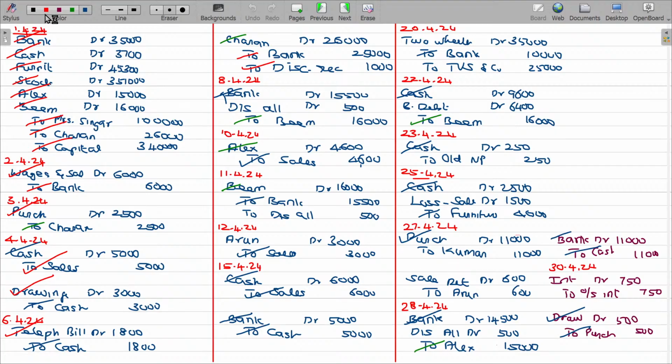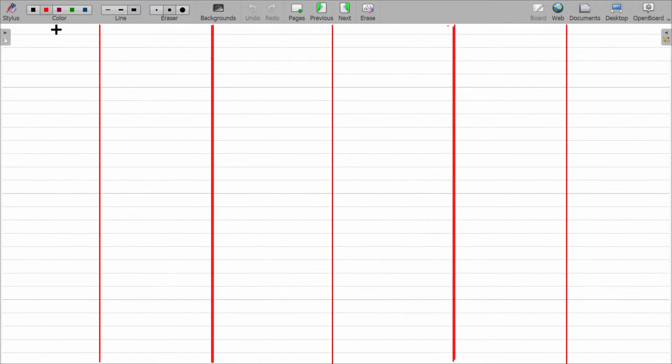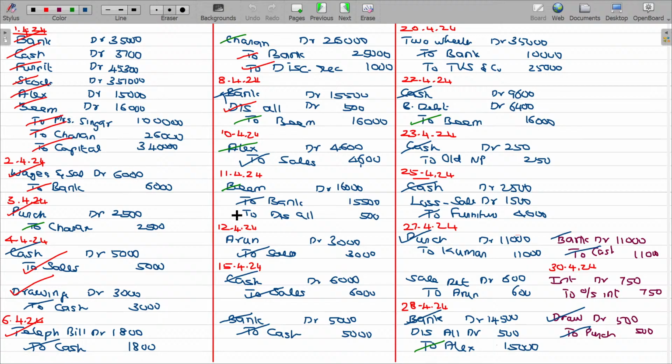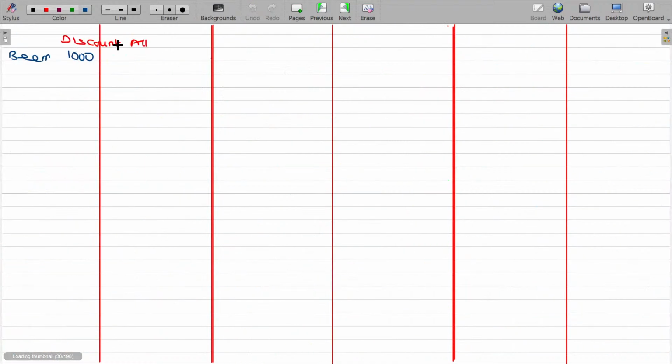Then what more? Discount allowed to Beam 1,000. And discount allowed reversed by Beam 500. So both are 500. Okay.